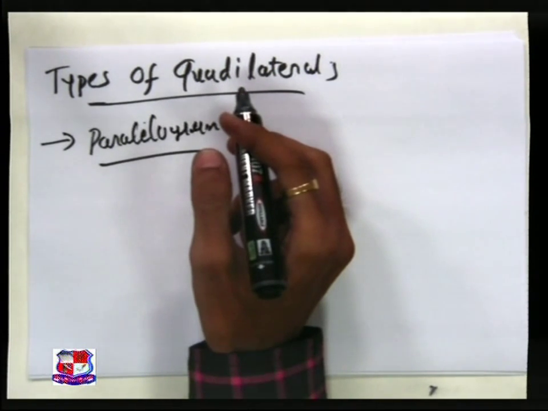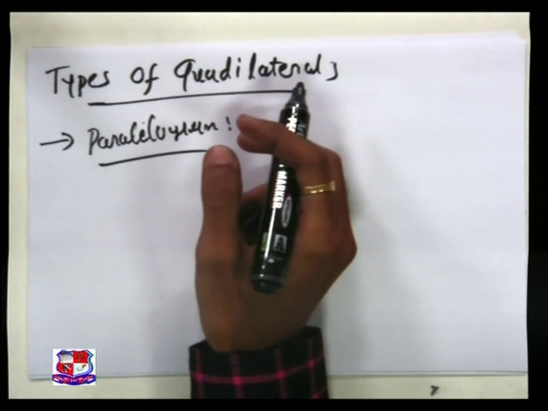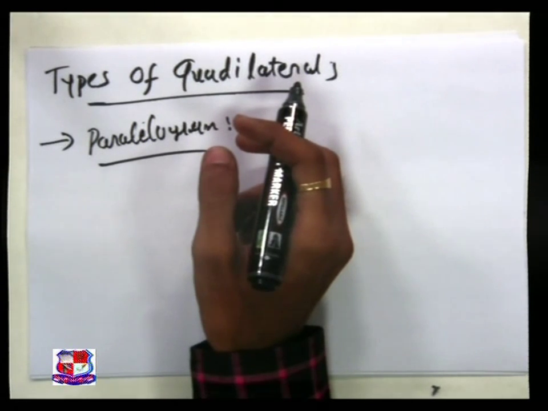That means A, B, C and D are vertices of any quadrilateral.